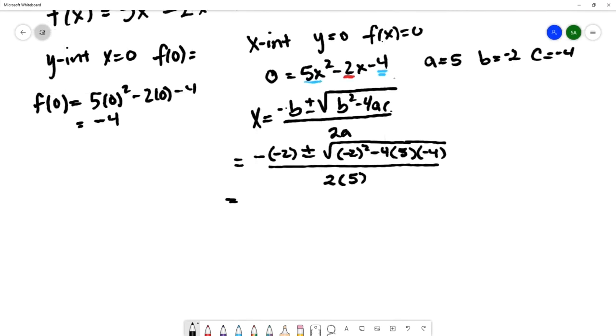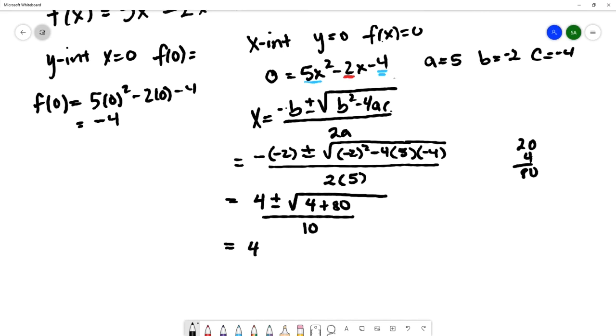I've got negative times negative, which is a positive. -2 squared is a 4. And 4 times 5 times 4, let's see what that is. 20 times 4, oh, that's 80. It'll be a plus 80, over 10. And 4 plus 80 would be 84 underneath that radical.